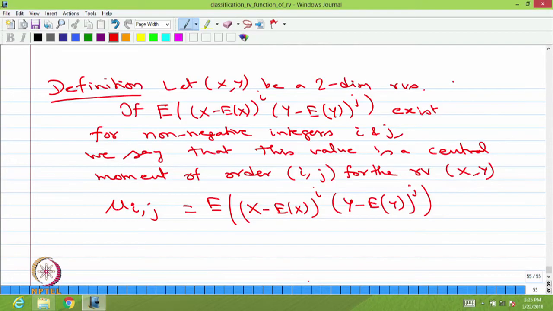This is a special case of the definition we have given for the expected value of a function of a random vector, because this is a very special function, namely (X minus expectation of X) to the power i multiplied by (Y minus expectation of Y) to the power j. We can have a few results over this definition.